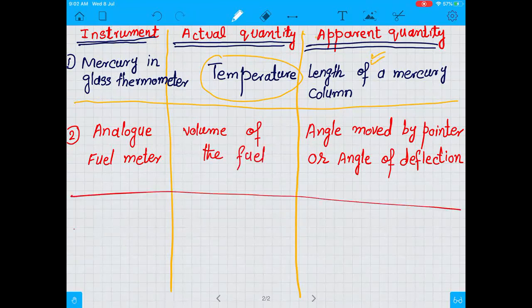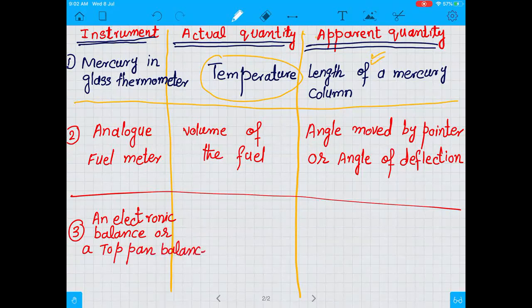One last example as an instrument is an electronic balance or a top pan balance. I hope you studied this in your O level. An electronic balance is also called a top pan balance. Then you also studied a Newton meter or spring balance.